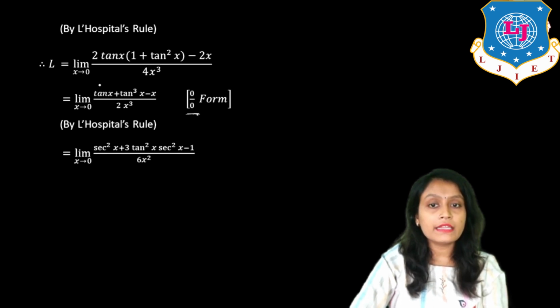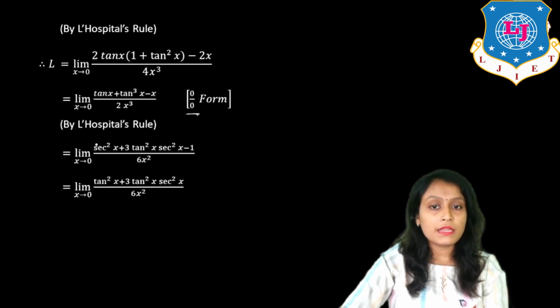So you will get derivative of tan x, that is sec square x, plus derivative of this tan cube x, that is 3 tan square x into sec square x, minus 1. Now we know this formula, that is sec square x minus 1 is tan square x. So in place of sec square x minus 1, just write down tan square x, plus 3 tan square x sec square x as it is, upon 6x square.